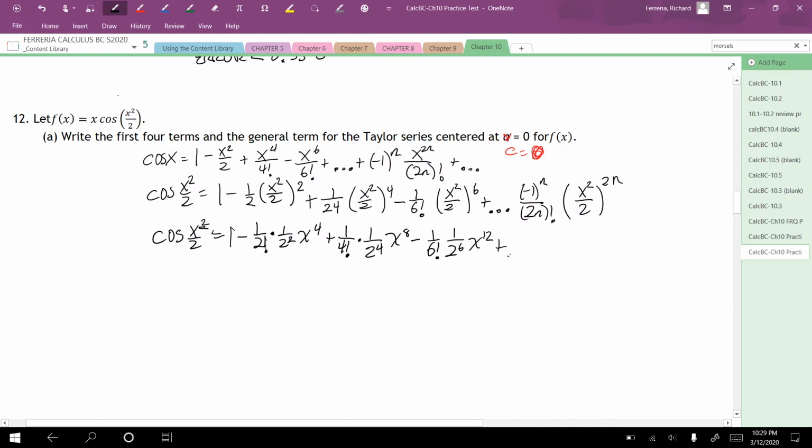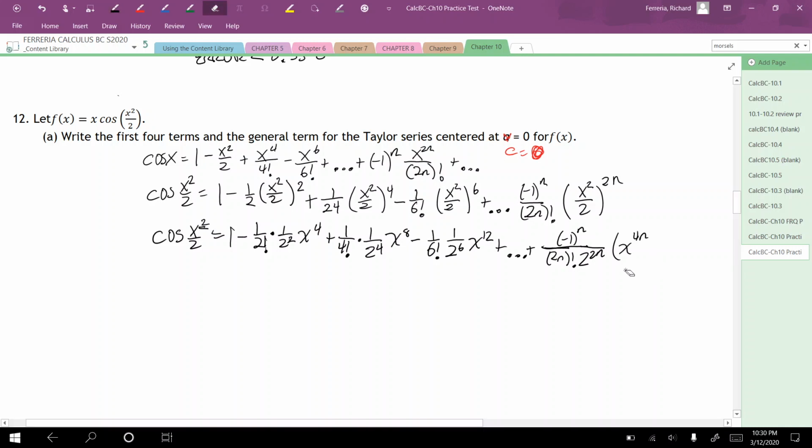And then plus, let's put all of this underneath that -1 to the n power, 2n factorial, and then that's 2 to the 2n power, and then x to the 4n power. I don't know why I put that in parentheses.